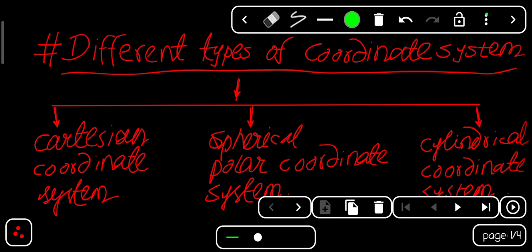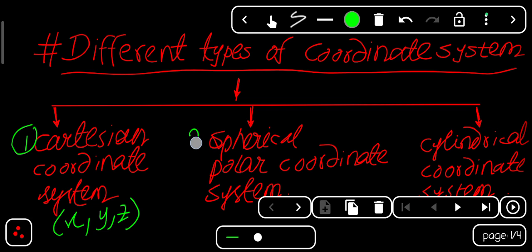Basically we understand three types of coordinate systems. One is the Cartesian coordinate system, where the coordinates can be represented as x, y, z in 3D.